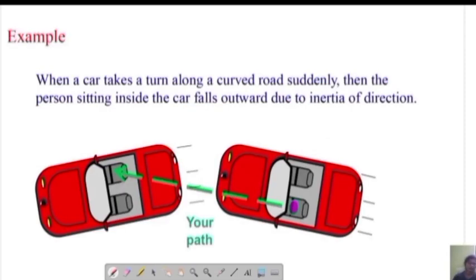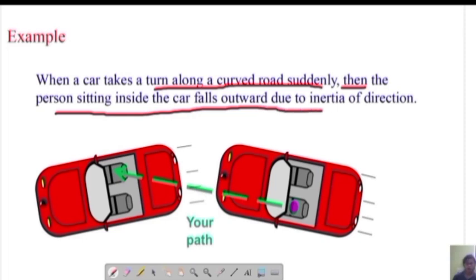Here is the example: when a car suddenly takes a turn along a curved road, the person sitting inside the car falls outward due to inertia of direction. What does it say? If a person is sitting inside the car and the car suddenly takes a turn, then the person will be falling outward.